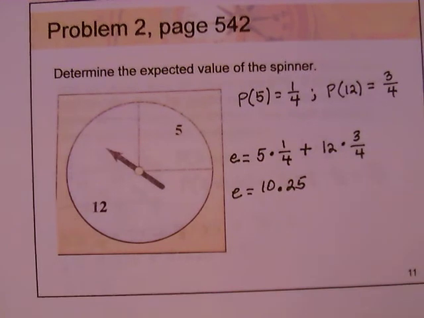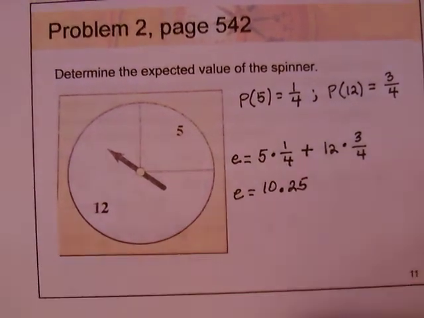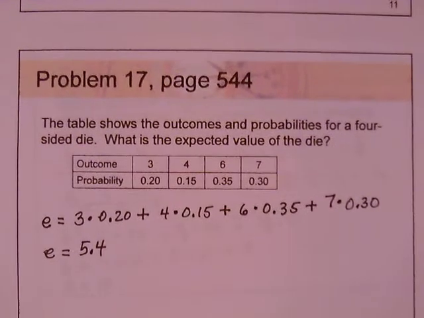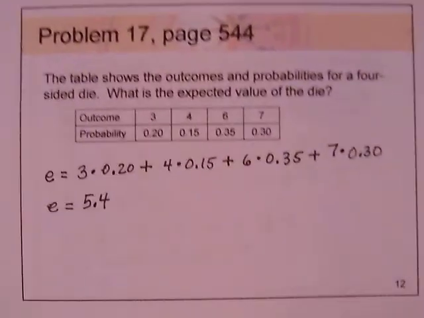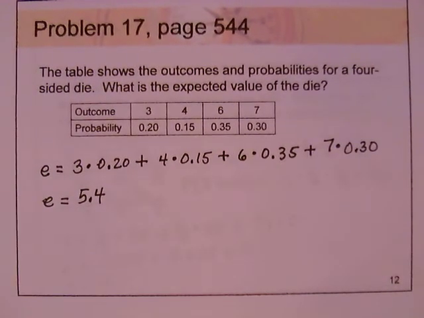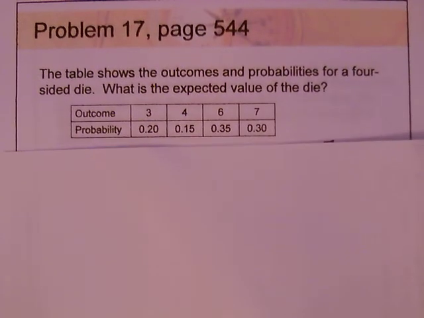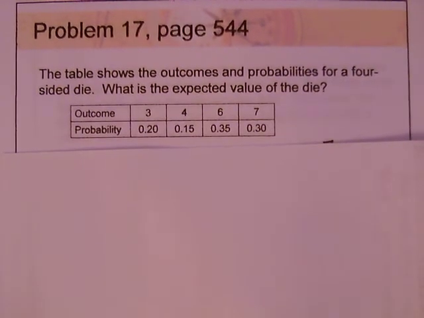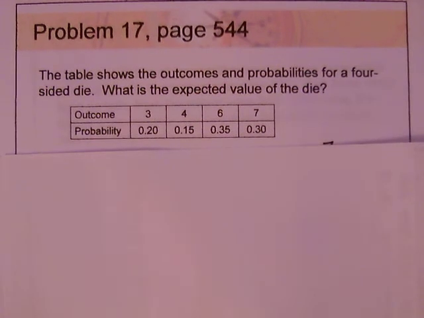All right. Now let's look at another problem in the book, problem number 17 on page 544. The table shows the outcomes and probabilities for a four-sided die. What is the expected value of the die? Here's that table with each outcome, 3, 4, 6, and 7, and each of the respective probabilities.